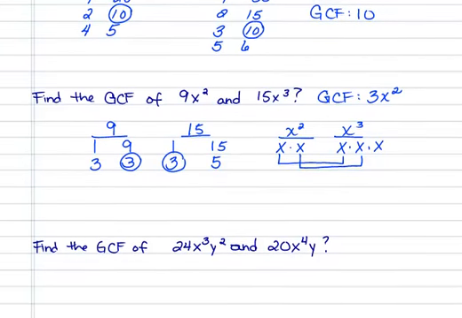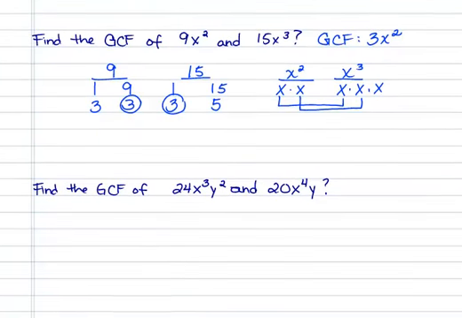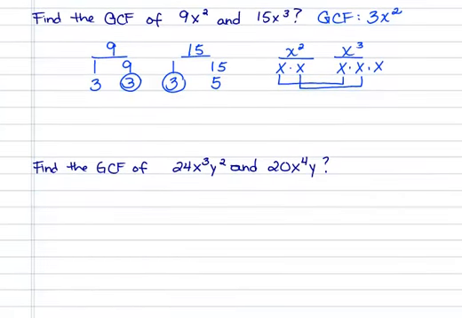Let's try another one. What is the GCF of 24x cubed y squared and 20x to the 4th y? So think of the numbers first. These numbers are always going to be there, 1 times 24. If it's prime, that's where it will end. If it's composite, there'll be more.